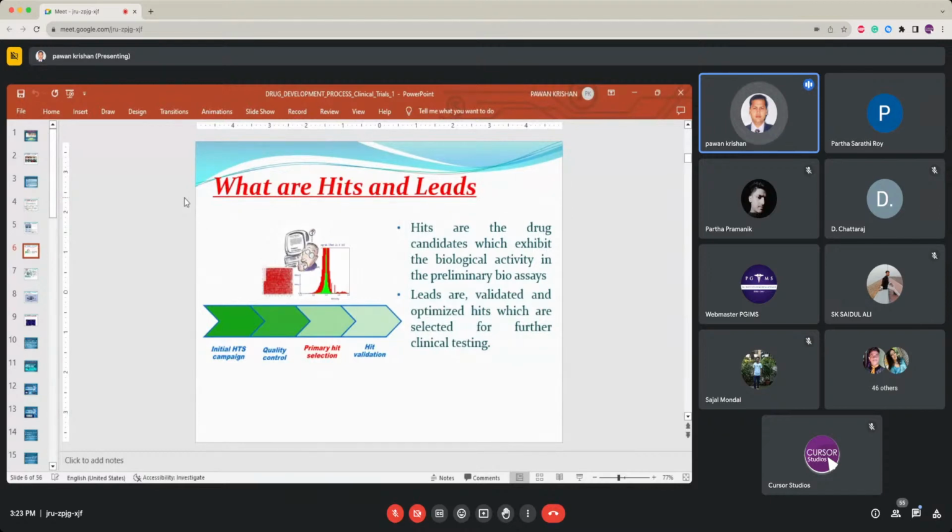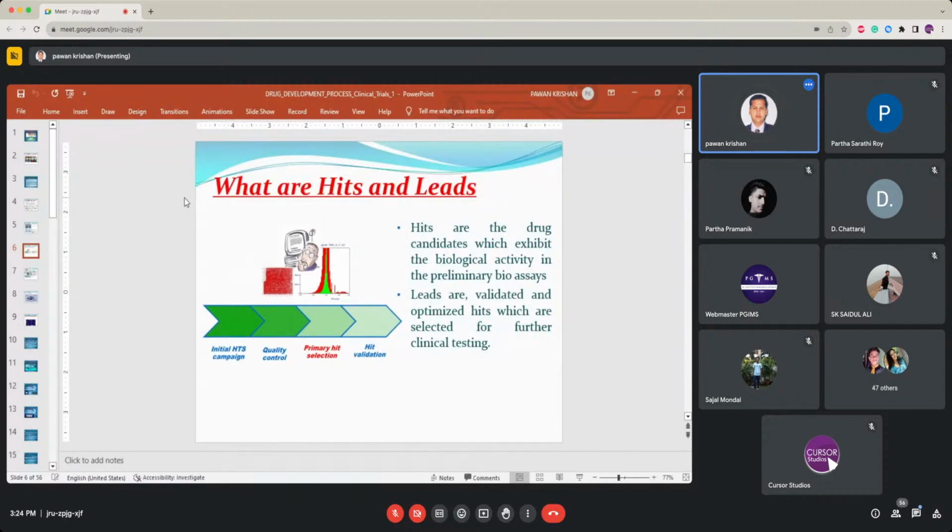Out of those thousands of molecules, very few will have a possibility of activity. Those molecules which show some activity, or which are potential candidates, are called hits. There may be few in number, maybe 10, 20, or 30, out of thousands.